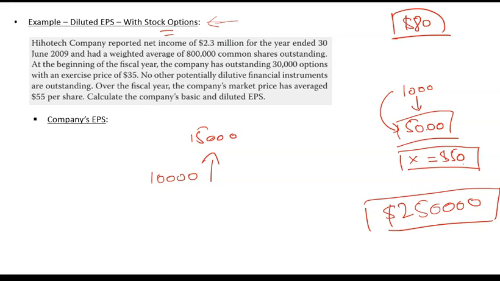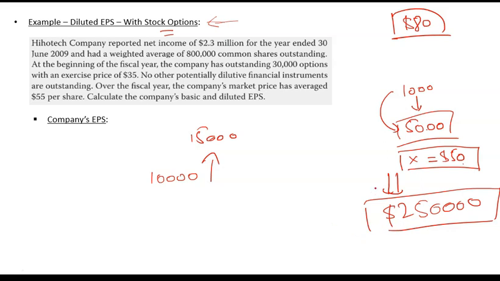In order to protect against this, the company goes to the market and buys back shares. So the company has issued these 5,000 shares, but now the company will buy back some of them. The assumption is that whatever money the company gets, it will use to buy back the shares. So how much did the company get? The company got 250,000. So the company will go to the market and buy back shares using this 250,000.